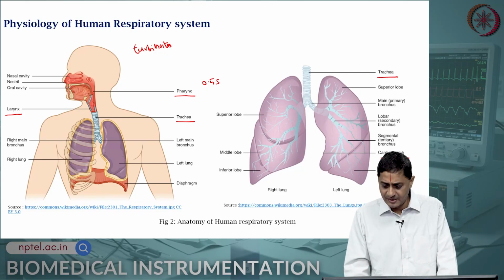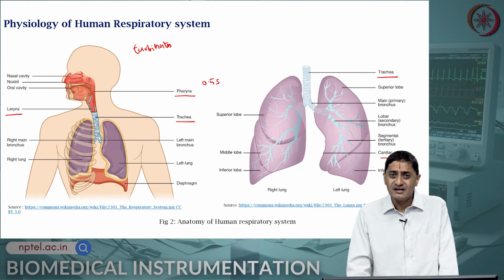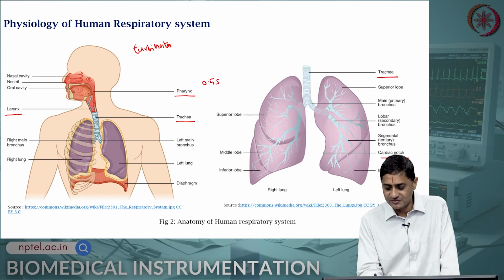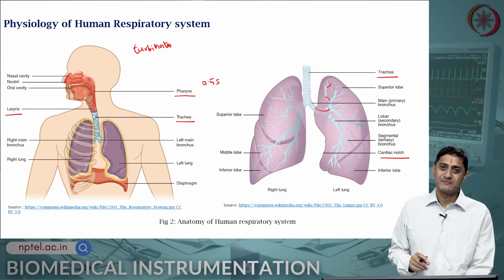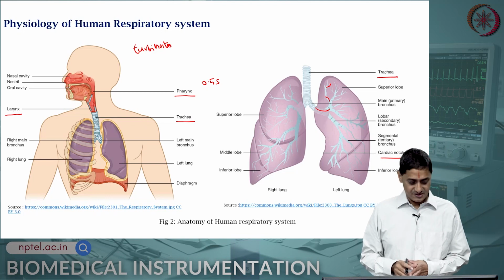Something to keep in mind. There are about 23 branches that are not shown here in this picture. What is shown here is only one branch, second branch, third branch. Like that, there are 23 branches that happen within the lungs.